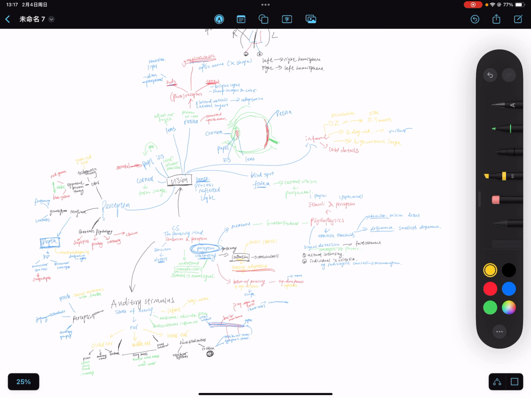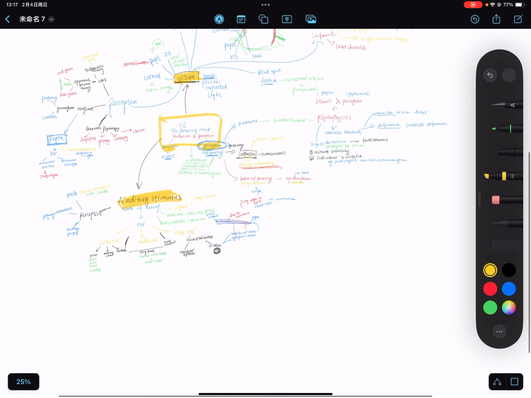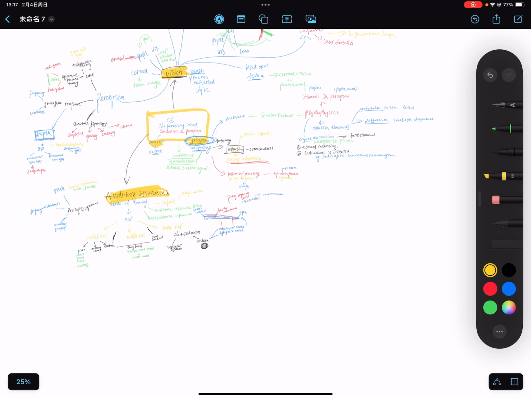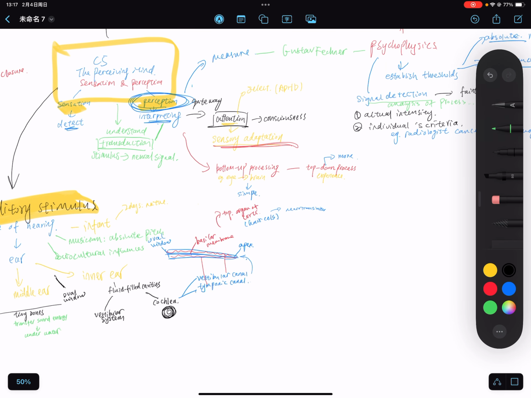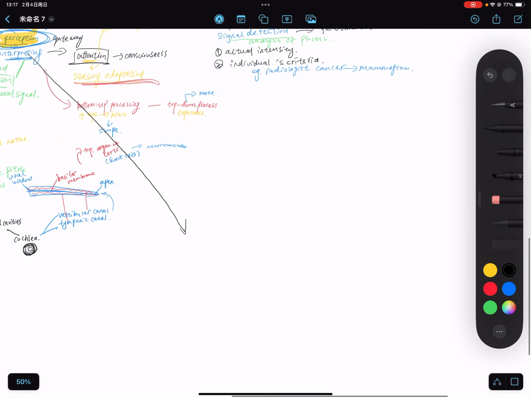Okay, I will make it more clear. This is our topic: sensation and perception is the first one, vision is the second, and the auditory system is the third one. Besides that, we also have a lot of other senses we have not mentioned, like body position, touch, temperature, and pain.